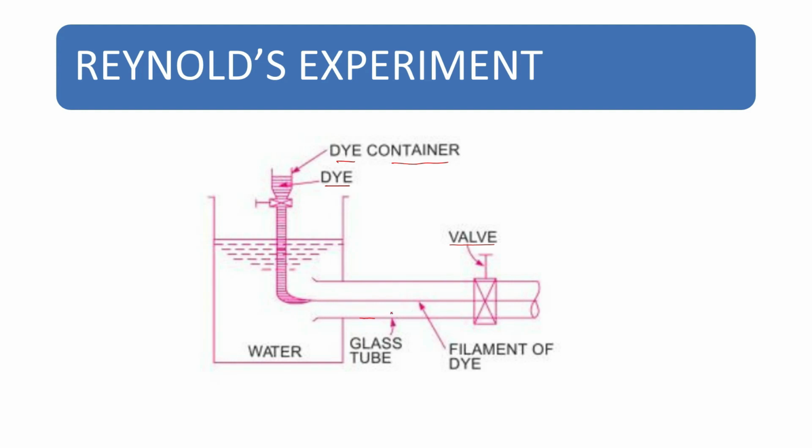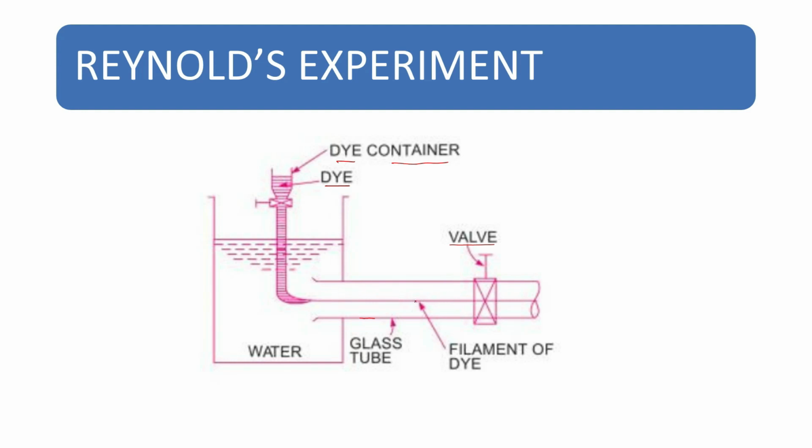So what he did was, the water was flowing through the glass tube, and the dye was injected into the water, and this valve can be opened accordingly to control the discharge. That means you can increase the velocity of water through the glass tube.